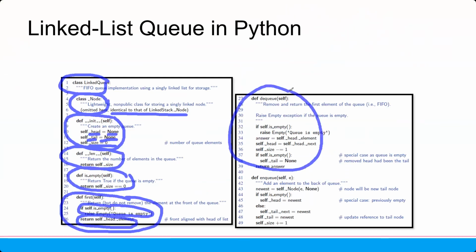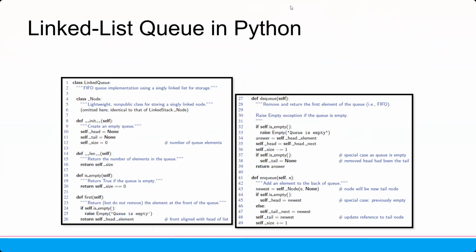Dequeue means removal. I want to remove. Then I check whether the queue is empty or not. If the queue is empty, then raise that the queue is empty. If it is not empty, then we get the element of the head and put it into the variable answer. After that, the new head will be the next element, and the size will be minus 1.